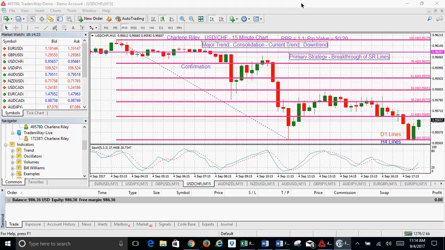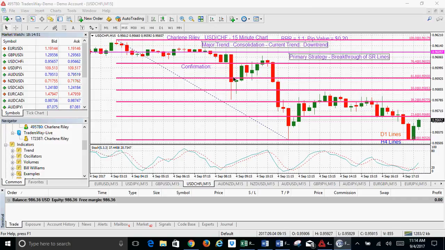And then for confirmation, I will use either the stochastic or candlestick patterns. There are no fundamental reports out right now impacting the markets, but I will also look at market volume.